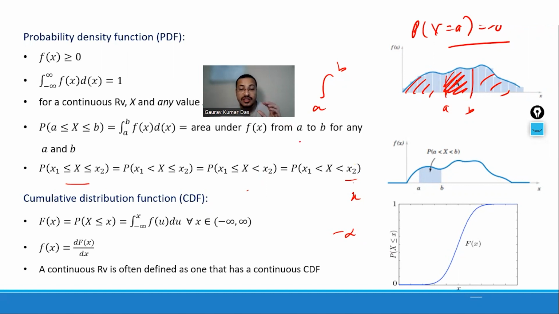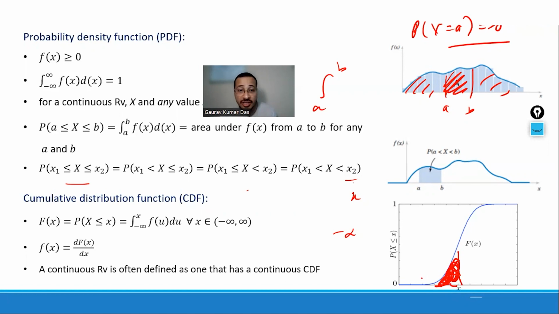But in cumulative, it's always from minus infinity to a value of X. So let's say X is some value. The cumulative distribution will be from minus infinity to X, not from 0 to X, please understand, because X can be negative and positive as well.